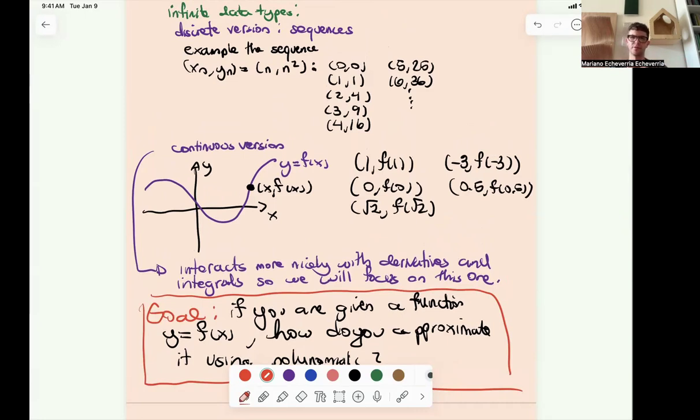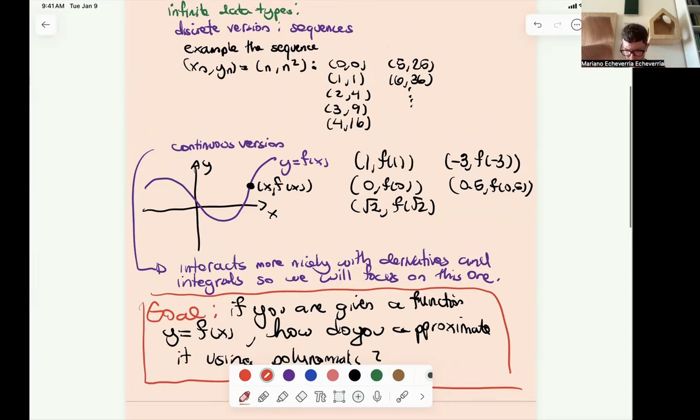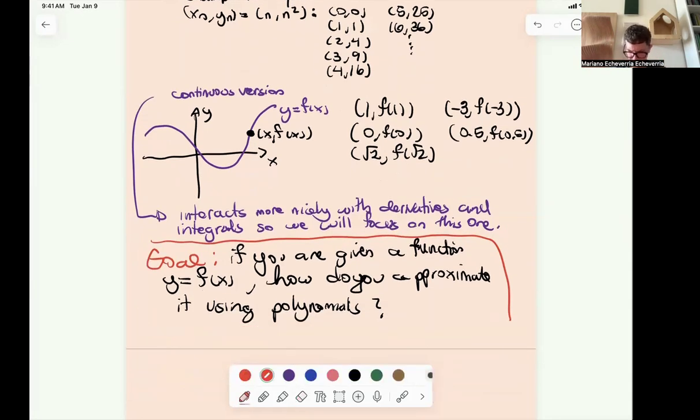Here you have the graph of a function, and you want the graph of the polynomial to be close to the graph of the function. Maybe that's a good way to think about it. Let me say it as a first approximation.